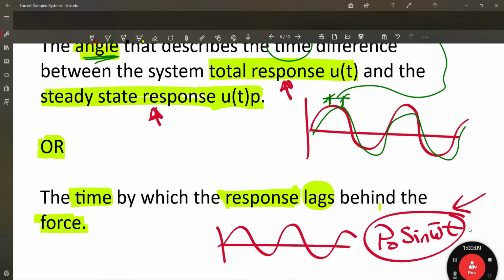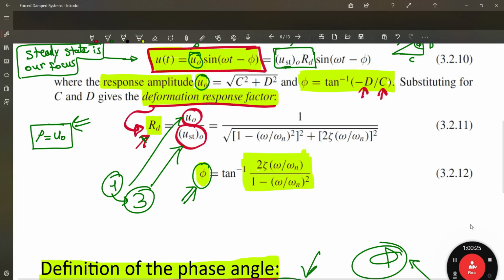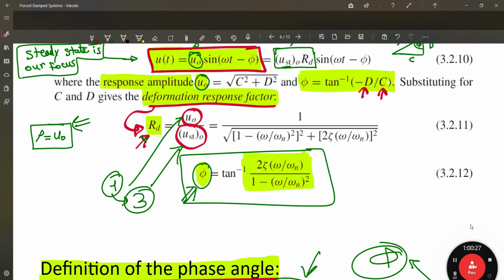What about this harmonic force and its relation with the total response? The total response may be lagging behind it, so we need to know how much this lagging is in terms of time. Mathematically we can represent this using phi.